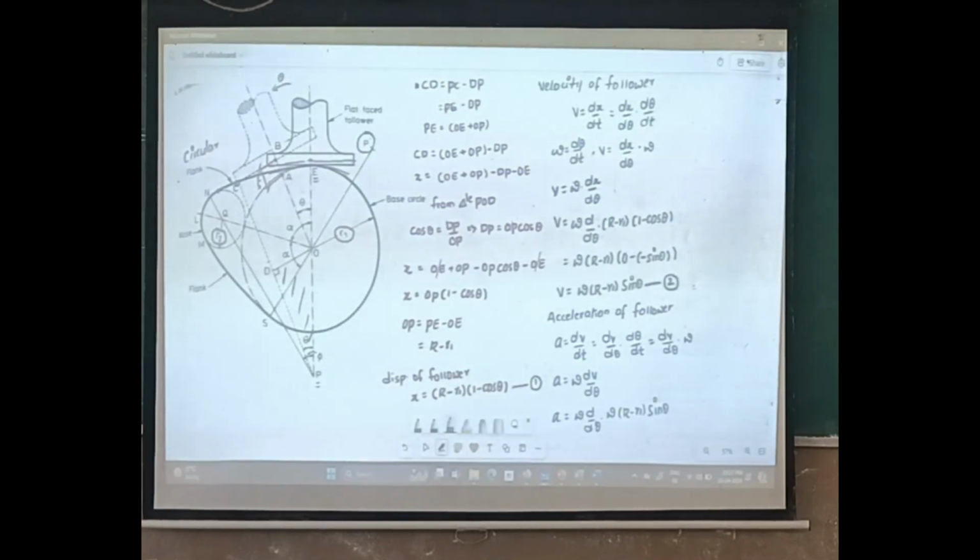So A is equal to omega square into (R minus r1) into the differentiation of sin theta, which is cos theta. So this is equation 3.